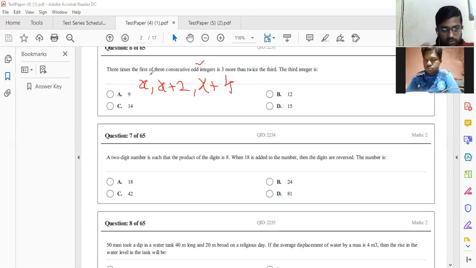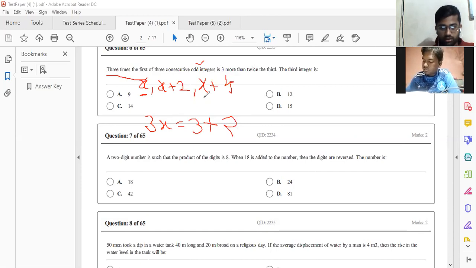Now 3 times the first of three consecutive integers. Okay, 3 times the first means 3x. Correct? 3 times the first of three consecutive odd integers is equal to 3 more than, meaning plus 3, 3 more than twice the third.